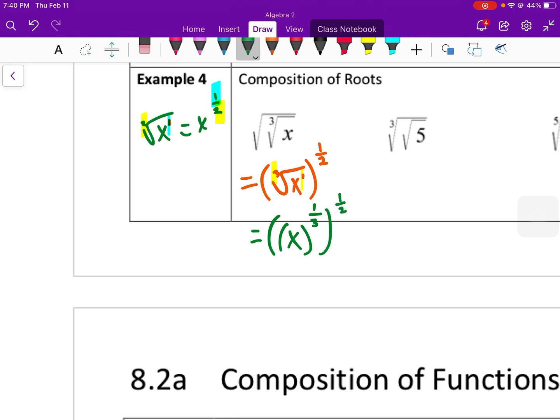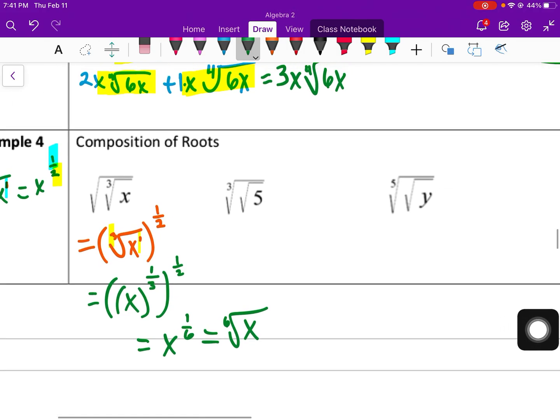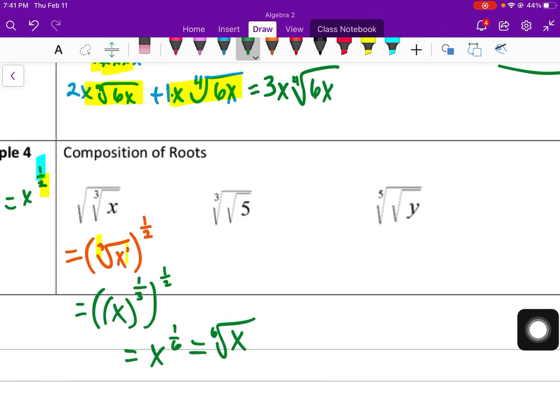So it's x to the 3rd power, and that's raised to the half power. Now we have a power to a power. So when we have a power to a power, we multiply them. So we get x to the 6th, and we can write that as this 6th root of x. So either of these two answers will be accepted. They are equivalent. Now let's do it with this one.